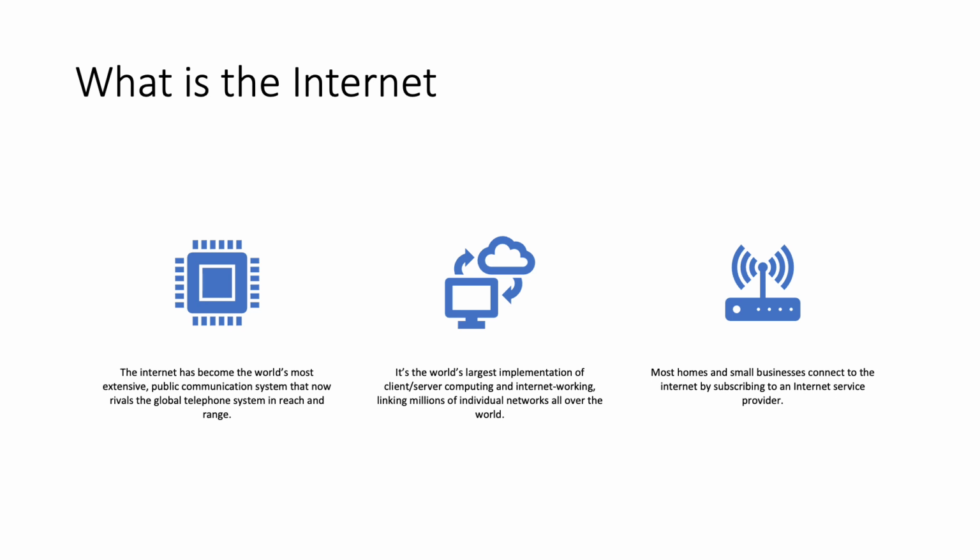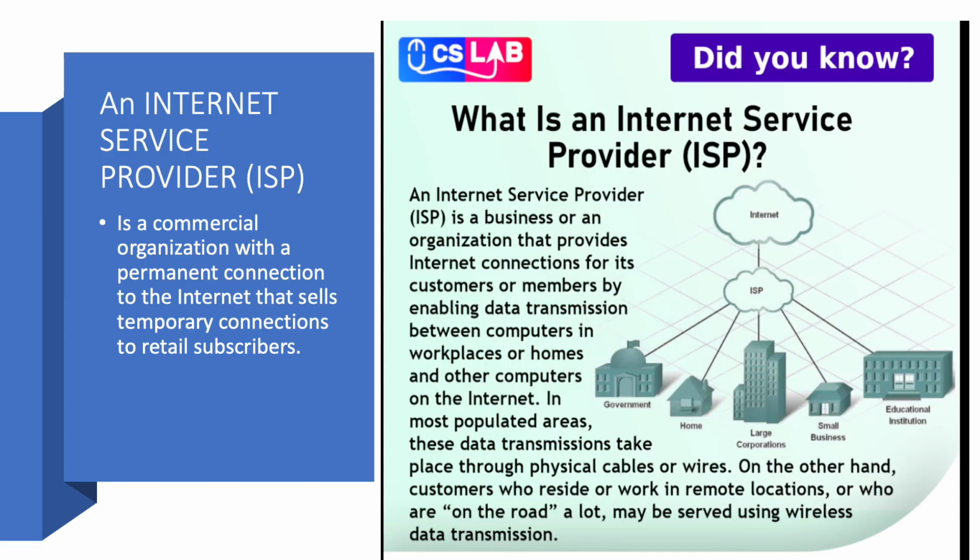Most homes and small businesses connect to the internet by subscribing to an internet service provider. An internet service provider, or ISP, is a commercial organization with a permanent connection to the internet that sells temporary connections to retail subscribers.